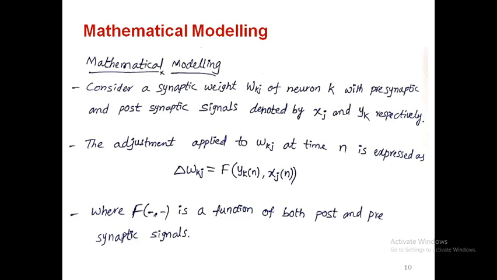Above the arrow we mention the weight, which is Wkj. Visualize Xj, then Wkj in between, then Yk. Before the line and after the line indicate presynaptic as well as postsynaptic. So your function is f of Yk of n, Xj of n.